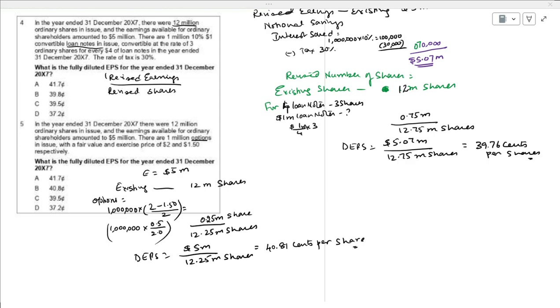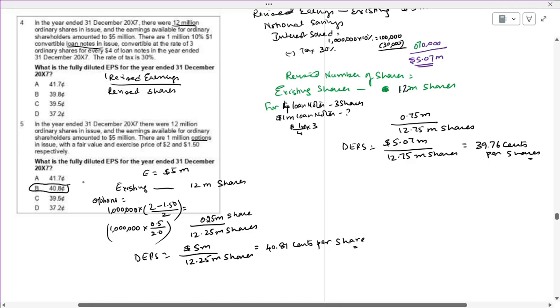Is it clear? Answer is 40.81. Are you clear about this?